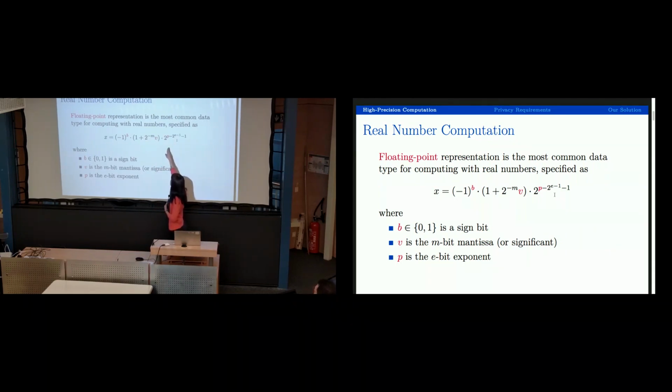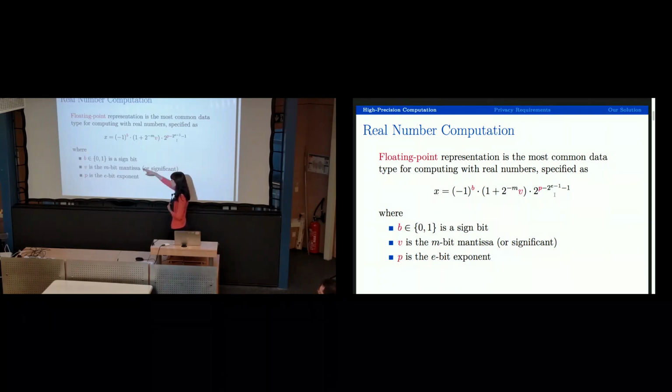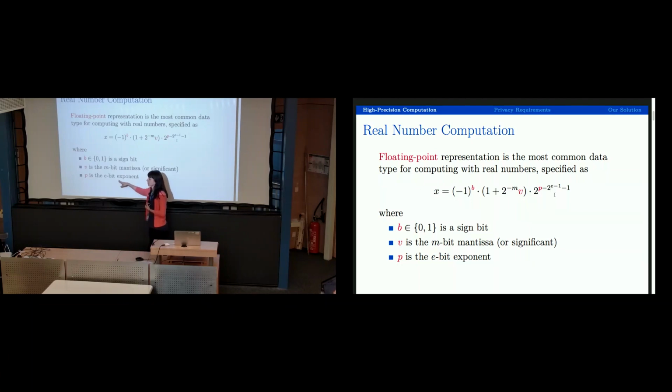And the exponent P is also basically the power, or where in the range the value is located, where the mantissa is located, and it is adjusted by the precision. So it's going to be an E-bit exponent, where this is the entire range of the values that are representable. In floating point representation, it could be single precision, double precision, but basically this indicates the lowest value that's representable, and the largest value.